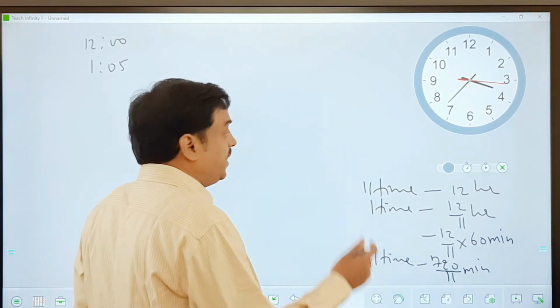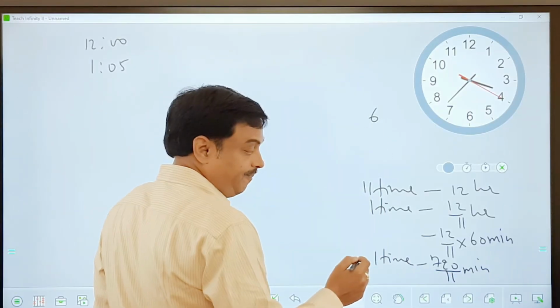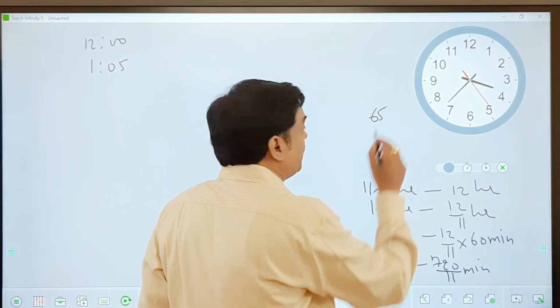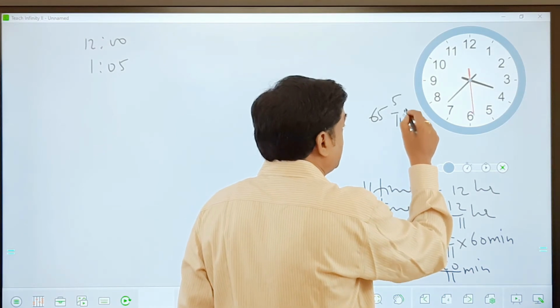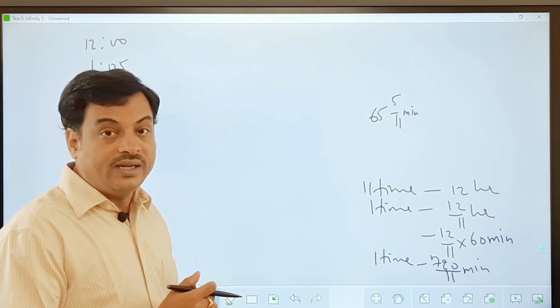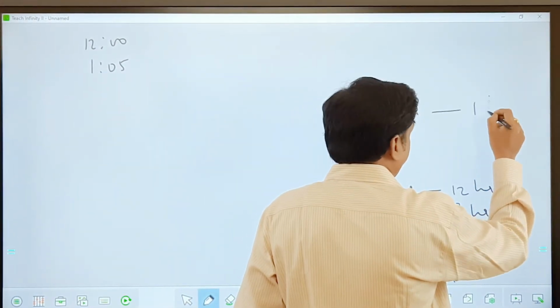And if I divide 720 by 11, 72 divided by 11 is 6 times 11, 66. Out of 72, 66 is gone, 6 is left, so 60. Then 5 times 11 is 55, and after that a fraction value of 5 by 11 minute is left. And this is one time.